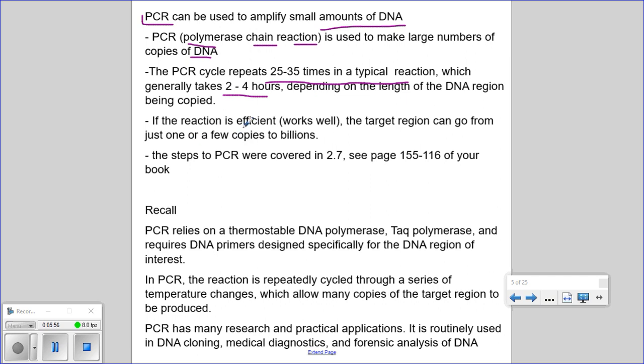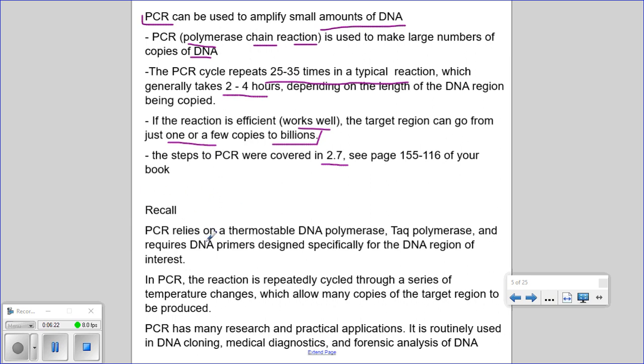If the reaction is efficient, the target region can go from just one or a few copies to billions of copies. We did cover those steps for PCR back in subtopic 2.7, so you can check out pages 155 to 116 of your textbook, or go back and rewatch that video involving subtopic 2.7.